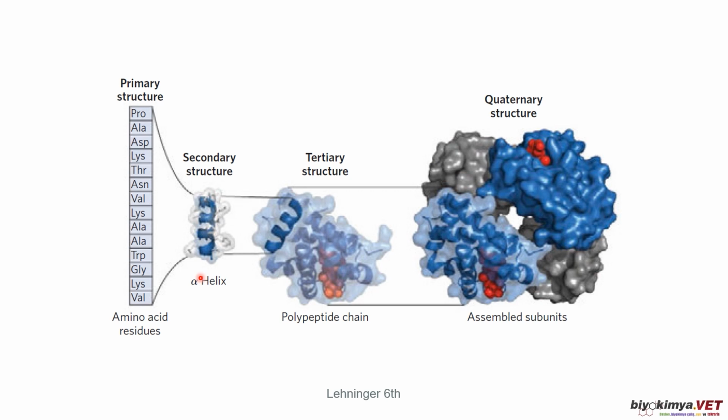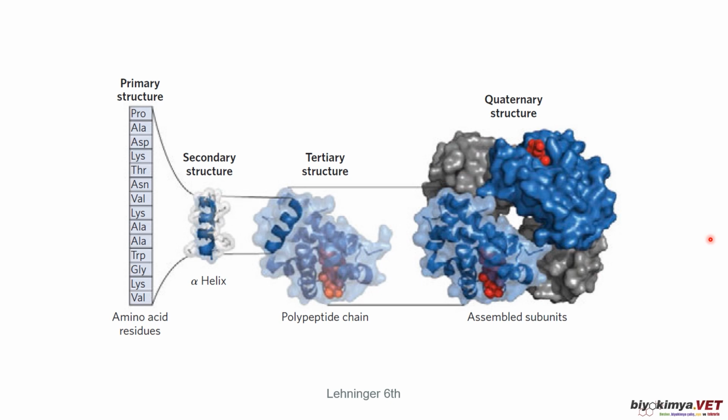The most prominent are alpha helices, as you see here, and the beta sheet or beta conformation. Another common type is the beta turn. In the absence of a regular pattern, the secondary structure is sometimes referred to as an undefined or random coil.